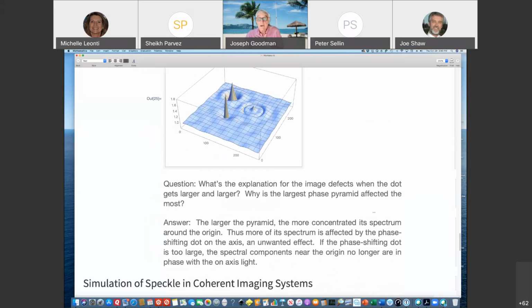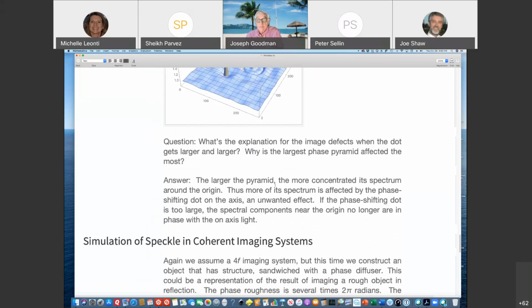So what's the explanation for these image defects when the dot gets larger and larger? Why is the largest phase pyramid affected the most? Well, the answer is the larger the pyramid, the more concentrated its spectrum is around the origin. Thus, the more of its spectrum is affected by the phase shifting dot on the axis, which is an unwanted effect.